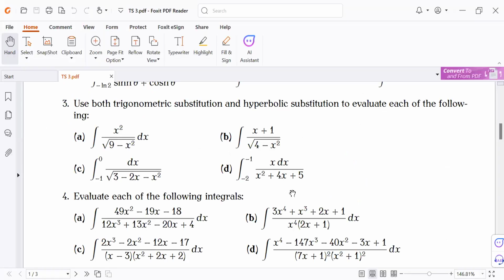Okay, so we go to the next one. This is the integral of x over x squared plus 4x plus 5 dx.